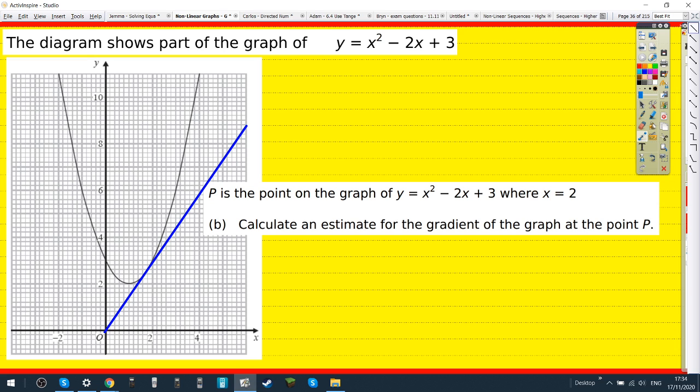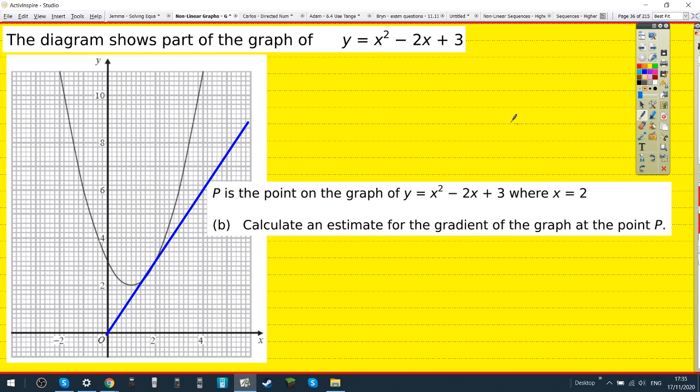So what do you think? Yeah, so it would be 2, 3, and 0, 0. So then the run is 2, the rise is 3. Yep. And so gradient?